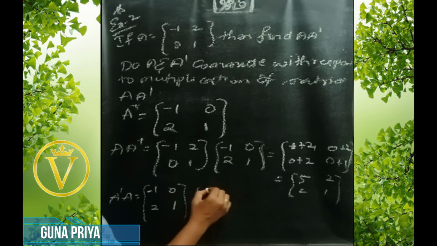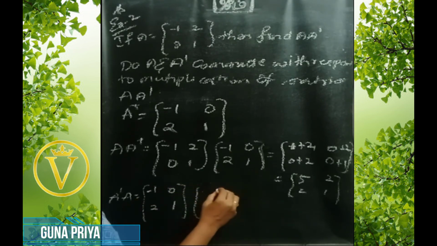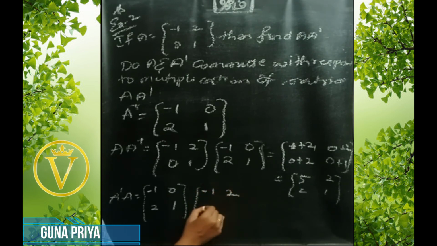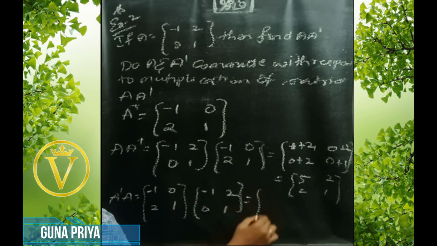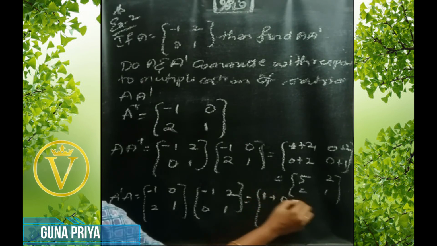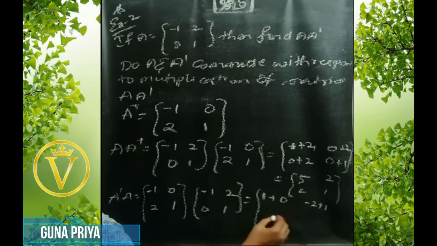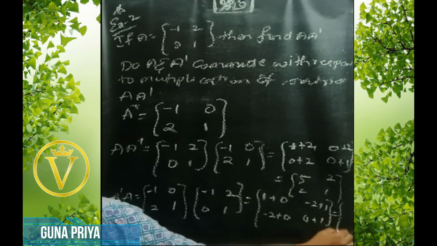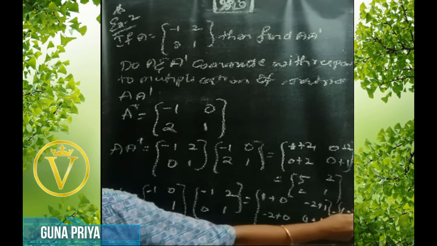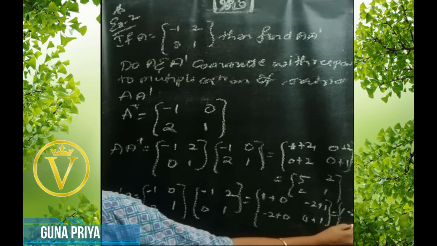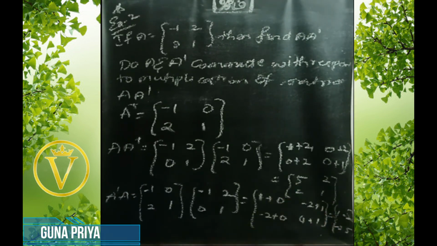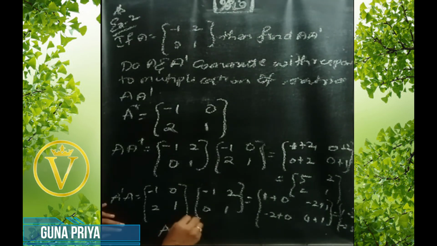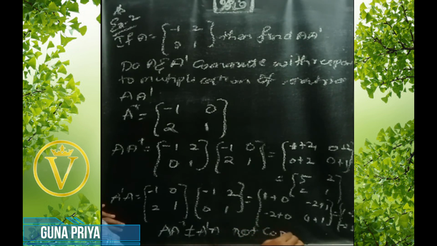That means A is nothing but -1, 2, 0, 1. That equals, we get 1 plus 0, -2 plus 1, -2 plus 0, 4 plus 1. That equals, we get 1 minus 2, 5. So are these two same? No. So A A transpose is not equal to A transpose A.